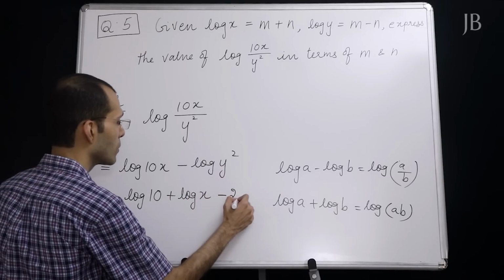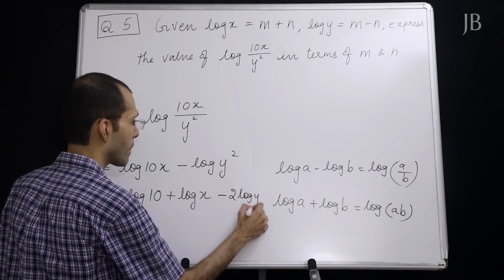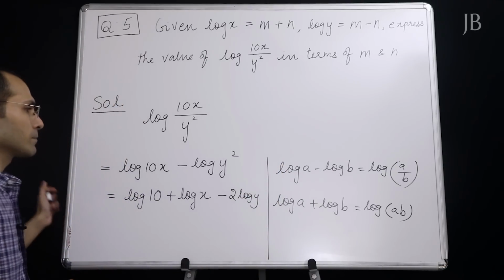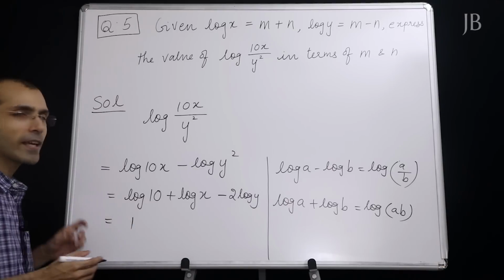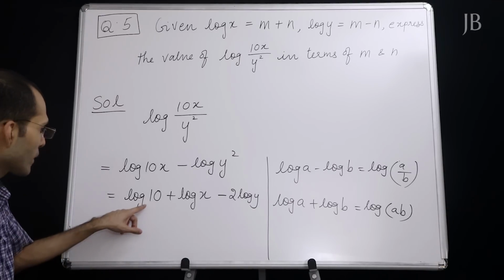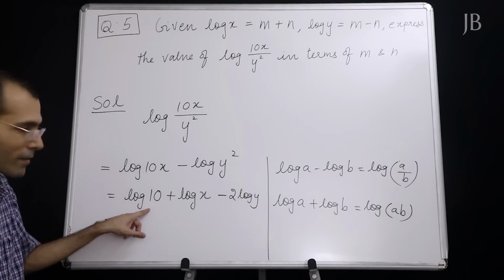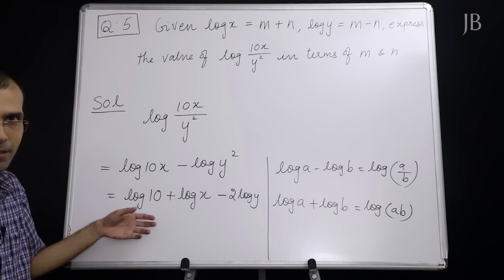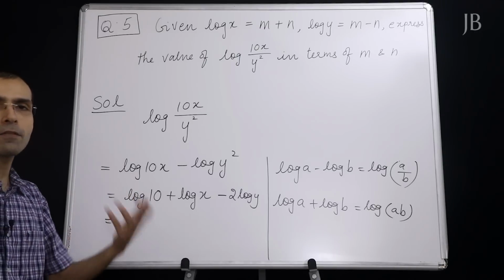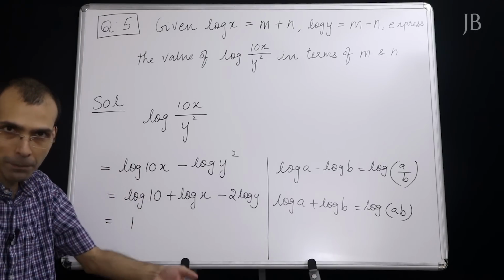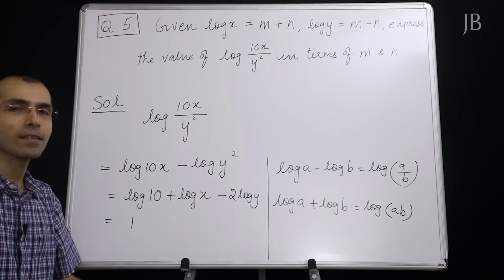This will become 2 log y. Done. Now you have to simply substitute. Log of 10 will be 1 because the base is 10. Here the base is not mentioned, that means it is 10. So log of 10 to the base 10 is always 1, because log of any number to the same base is always 1.